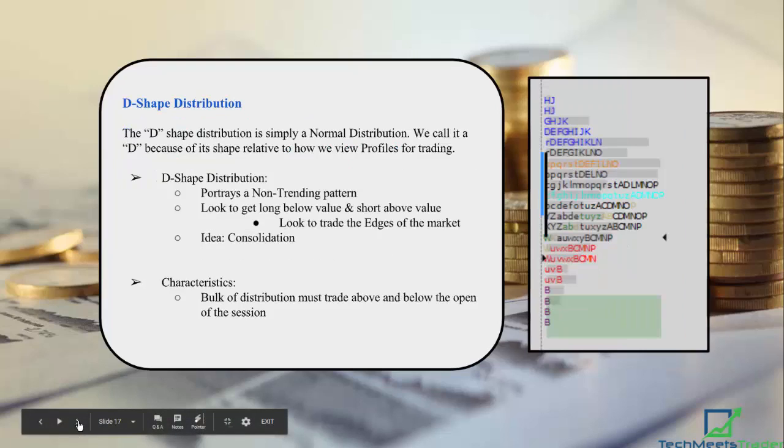And finally, a D-shaped distribution. And this is simply a normal distribution. We call it a D because of its shape relative to how we view profiles for trading. It portrays a non-trending pattern or consolidation. Look to get long below value and short above value. Look to trade the edges of the market.